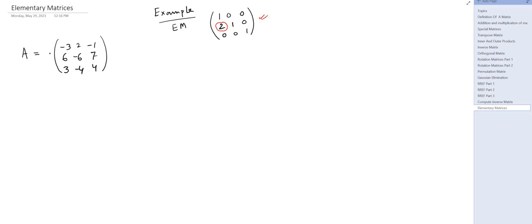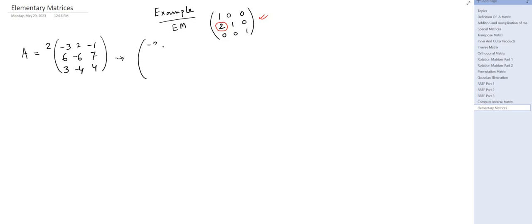From the Gaussian elimination point of view, the first step is basically we'll multiply this by 2 and then just add. So that will give me the next matrix.